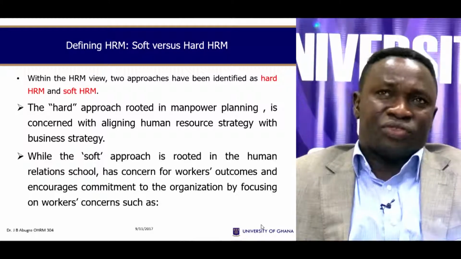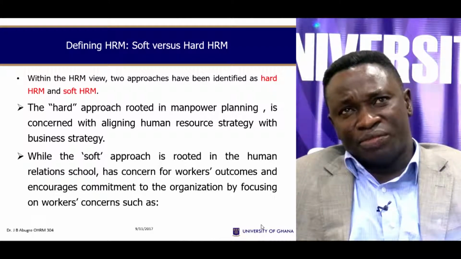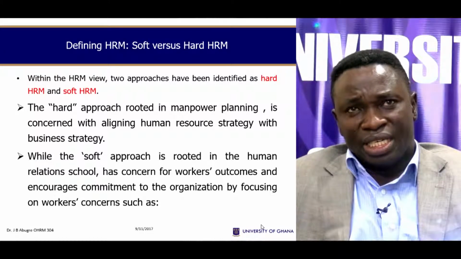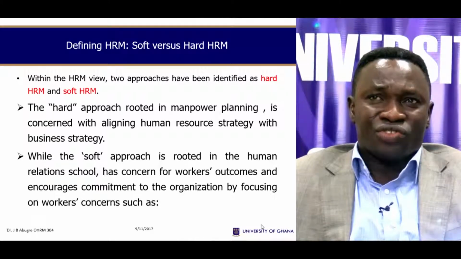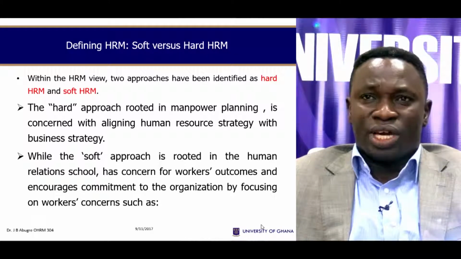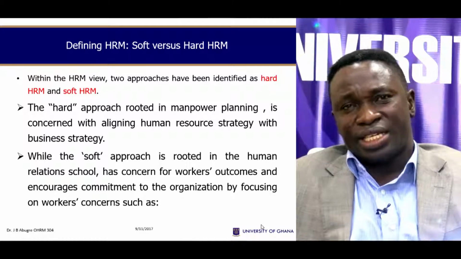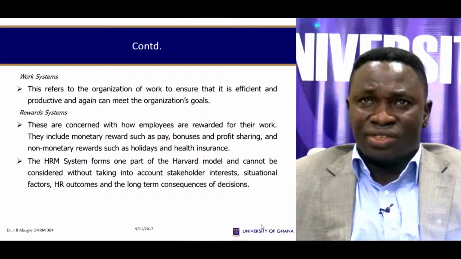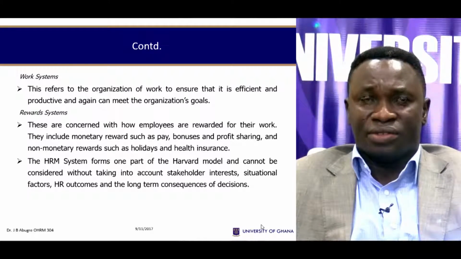Defining HRM in terms of soft HRM and then hard HRM. Within the human resource management view, two approaches have been identified: hard human resource management and soft human resource management. The hard approach is concerned with aligning human resource strategy with business strategy, while the soft approach is concerned with the workers' outcome and encourages commitment to the organization by focusing on workers' concerns such as work systems, which refers to the organization of work to ensure that it is efficient and productive and can meet the organization's goal.